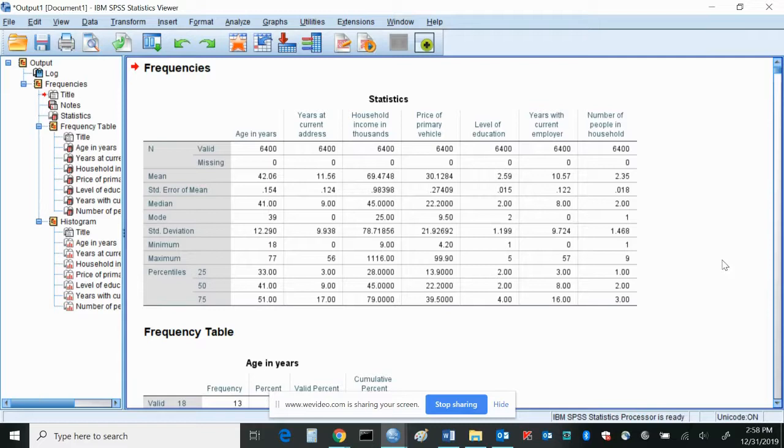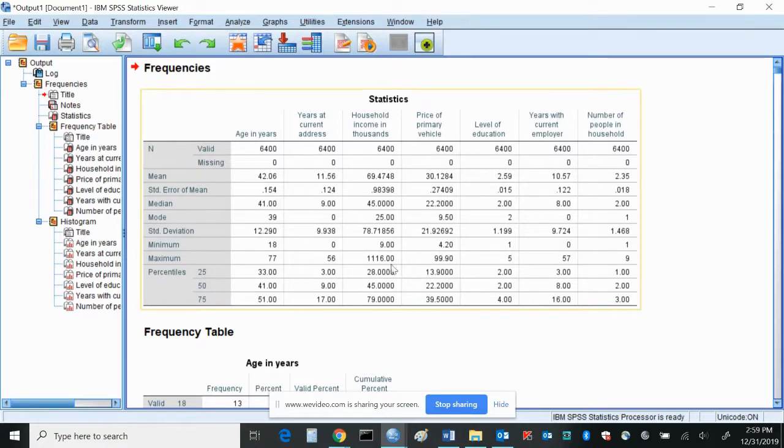But the reality is that if you don't consider what the mean is, the standard deviation is meaningless. With an average number of years at an address of about 12, having a standard deviation of close to 10 means it's a very spread out group. This is further informed by the fact that the minimum is 0 and the maximum is 56. So this is a widely spread out group.